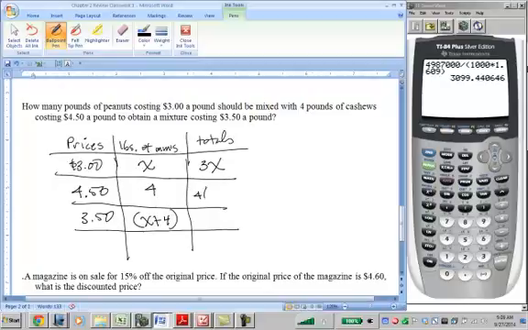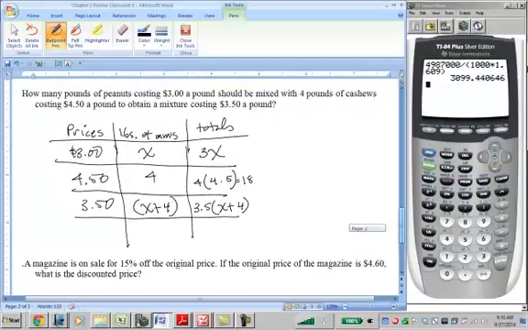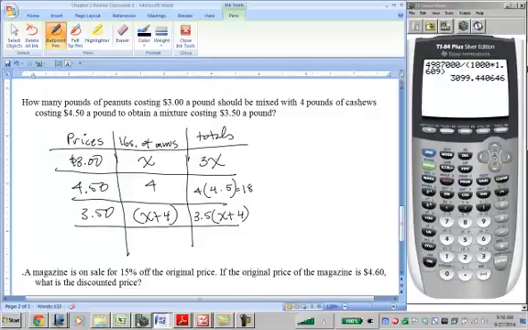Well, that'll be 4 times 4.50, or 18 equals 18. Okay, and then how much are we going to spend altogether? 3.5 times X plus 4. So this is going to make a fairly simple equation. So this amount of money plus this amount of money equals the total amount of money. So 3X plus 18 equals 3.5 times X plus 4.